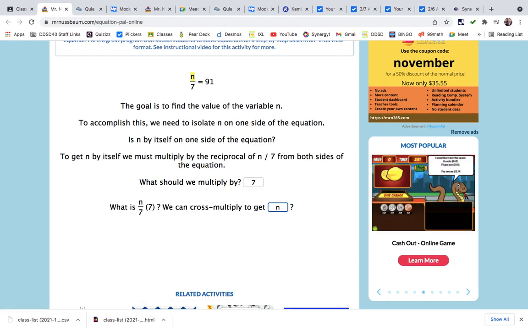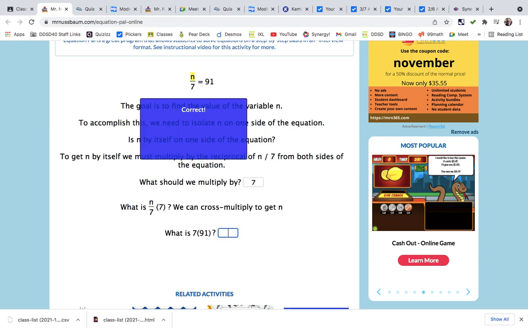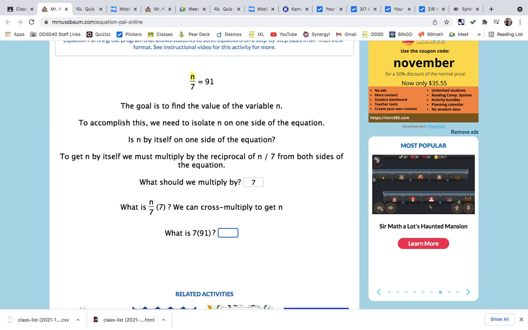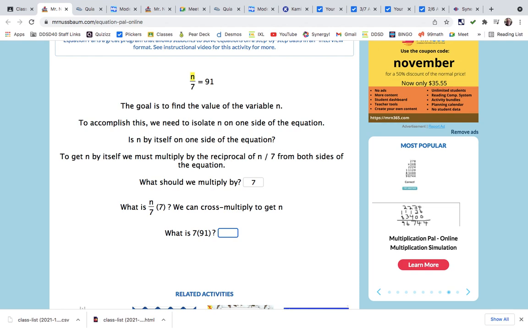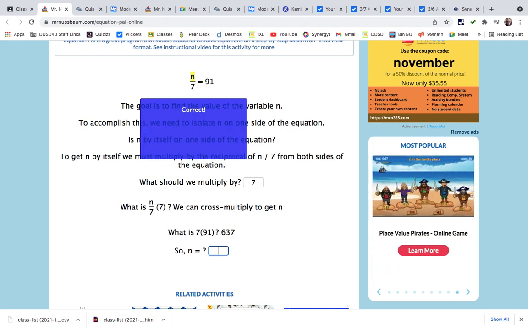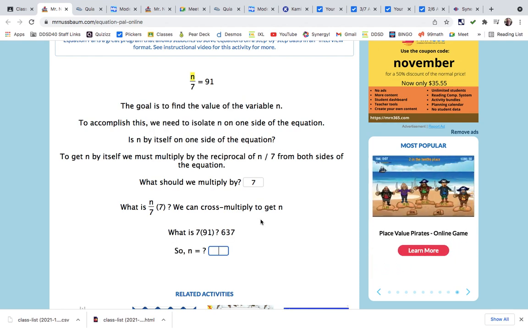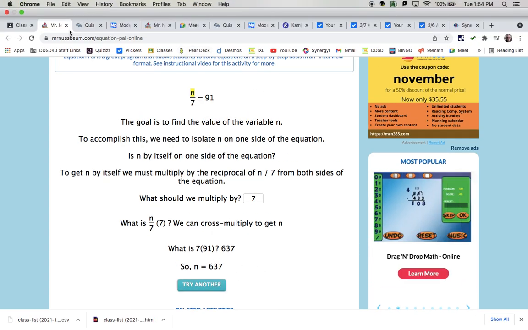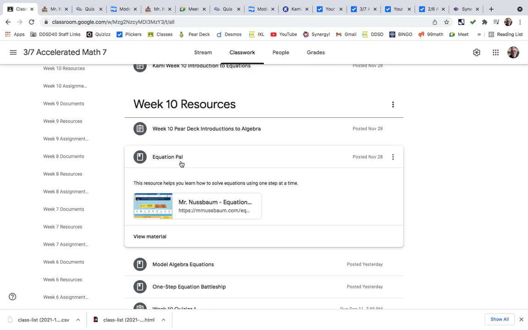And we get n right there. 7 divided by 7 is 1. And 7 times 91 is 637. So 637. Okay, and so you can practice that for a while.